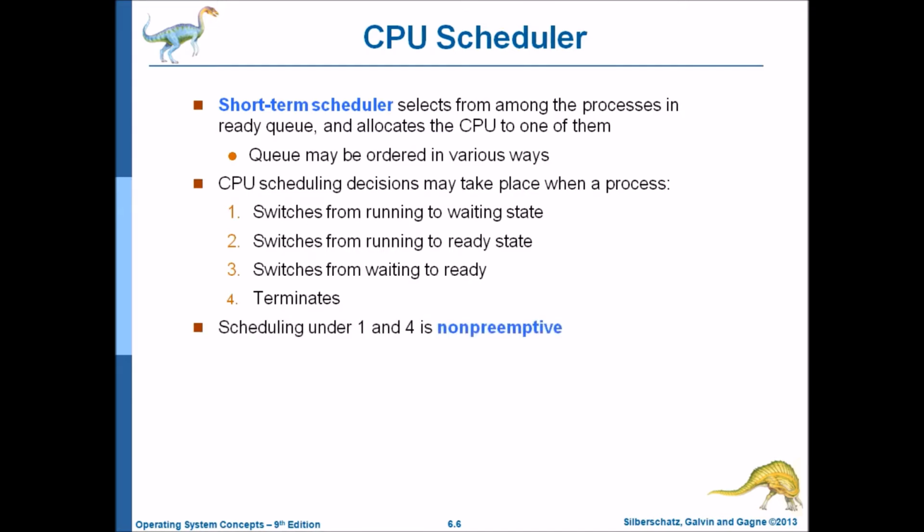If the scheduling takes place only under conditions 1 and 4, the system is said to be non-preemptive or cooperative. It is said to be non-preemptive because under these conditions, once a process starts running, it keeps running until it either voluntarily blocks or until it finishes.